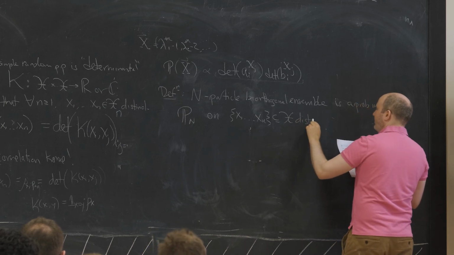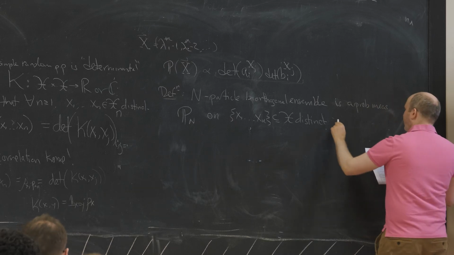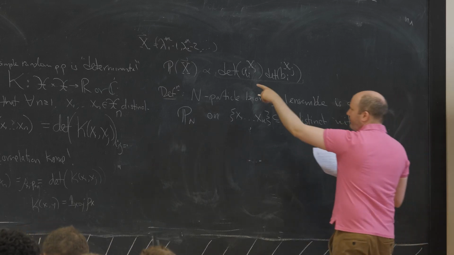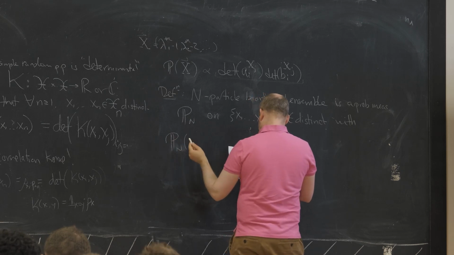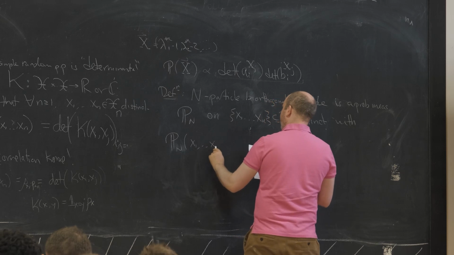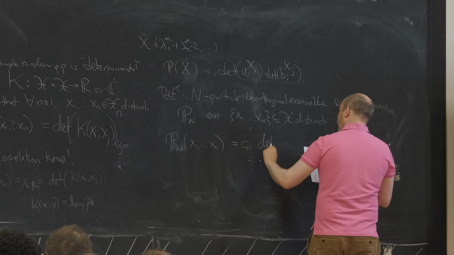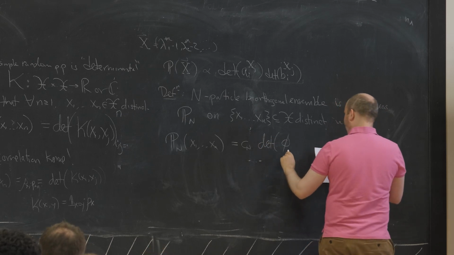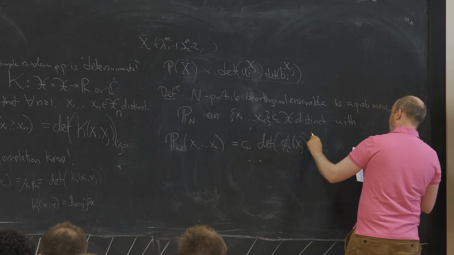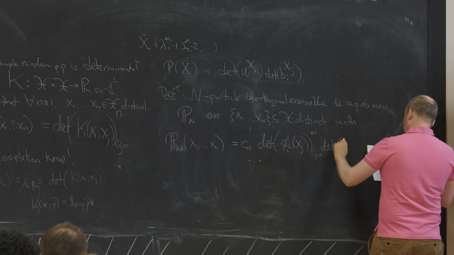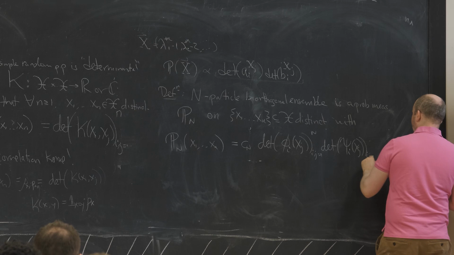So it's an n-point measure, with probability of this flavor. Let me write the more general thing. Pn of x1 through xn is equal to some normalization, and then the determinant of some function phi i of xj, i, j equals 1 to n, and then the determinant of psi i of xj, i, j equals 1 to n.